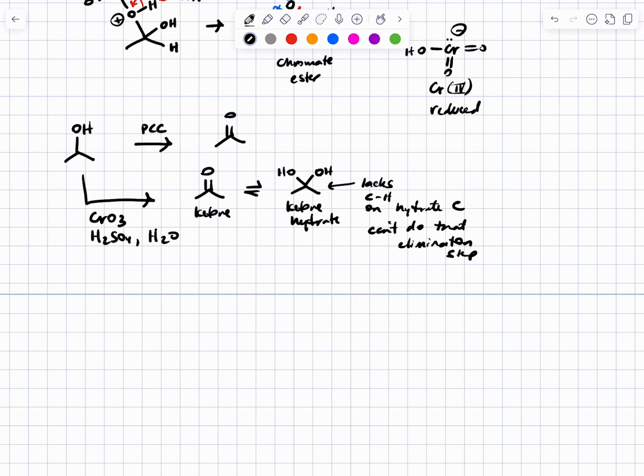All right, so thus ends chapter 12. There's a couple more things in chapter 12 that we didn't do. One is there is an additional set of reagents besides the Jones oxidation that does this same chemistry. It's not worth knowing. And then there is a section on a Nobel Prize winning reaction called the Sharpless asymmetric oxidation.